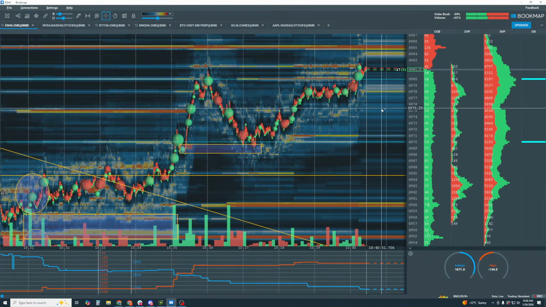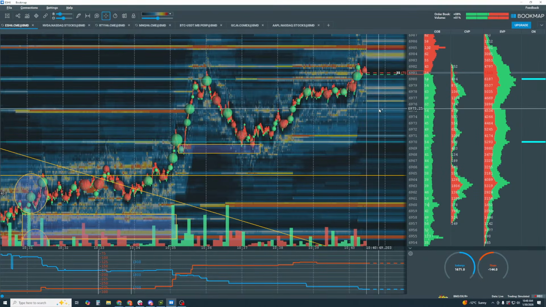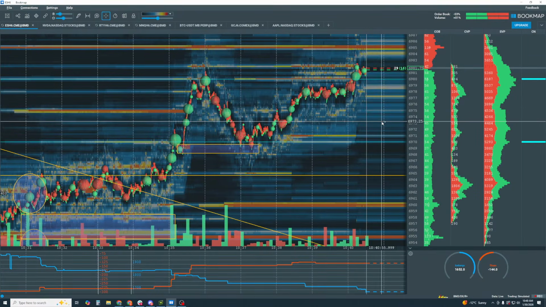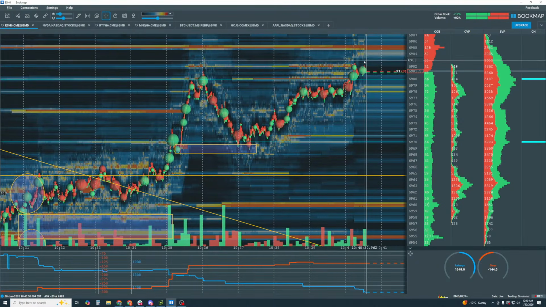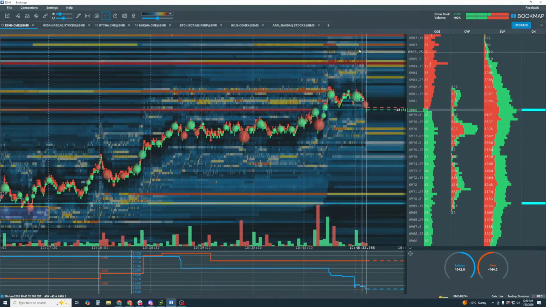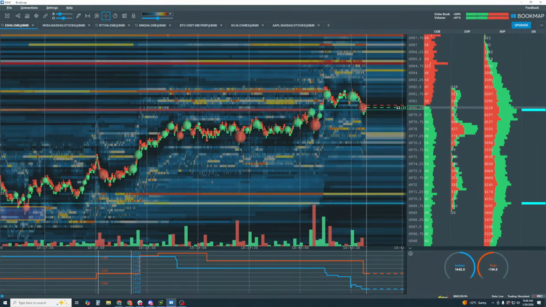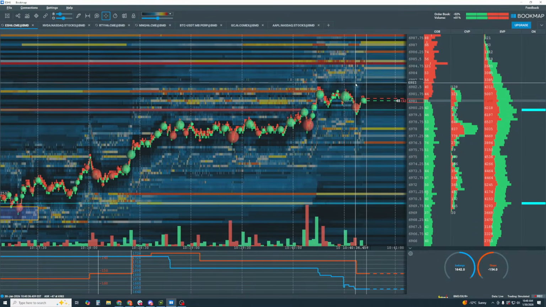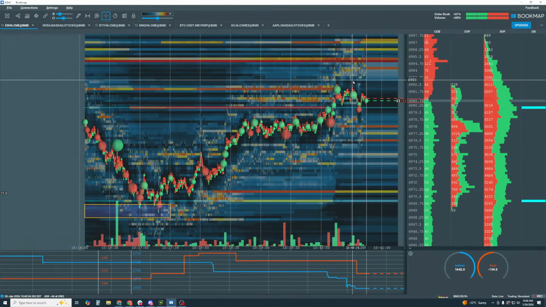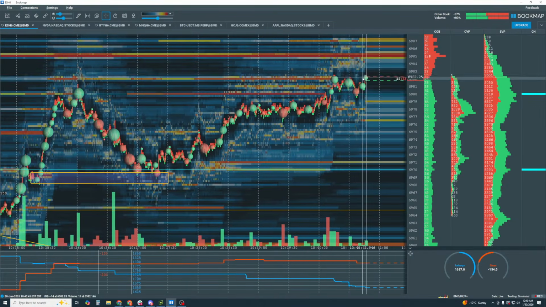False breakouts are not finding enough buyers. Sellers take it down, and then maybe the buyers find it low enough to take it back up. That's one of the setups I actually wanted to cover in that supply and demand course, but kind of shied away from it.